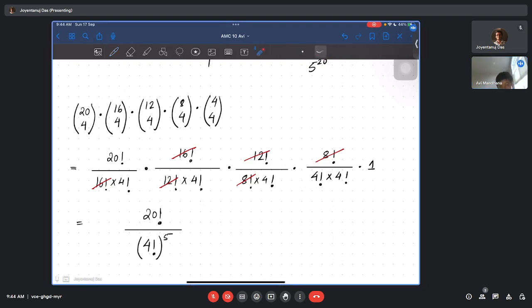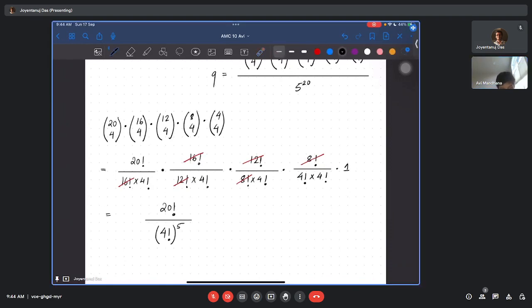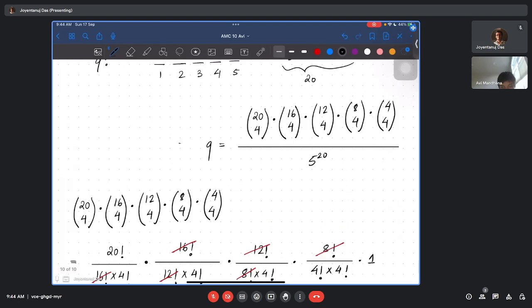So Q, after simplifying, is 20 factorial divided by 4 factorial whole power 5, and on the denominator I also have 5 power 20. Let us keep it like this.